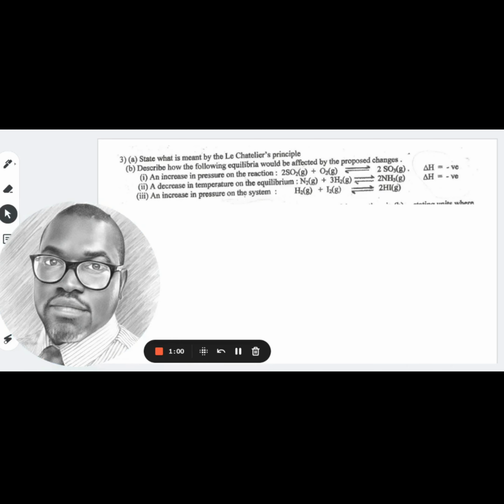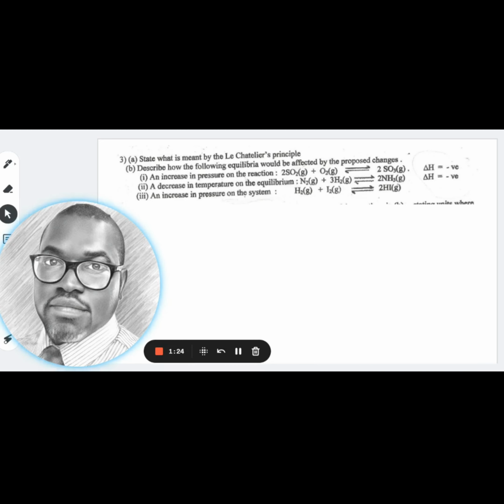Of course, if you change the temperature, you're going to change the equilibrium constant. So except for changing temperature, whatever else you do to the system, it will try to counteract it to re-establish equilibrium. Now it says here, describe how the following equilibrium would be affected by the proposed changes.